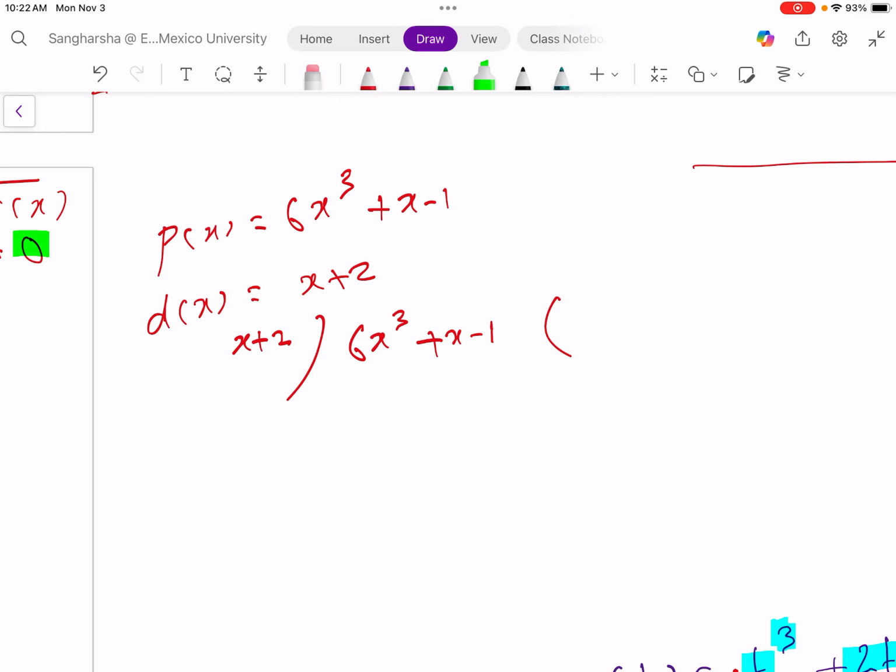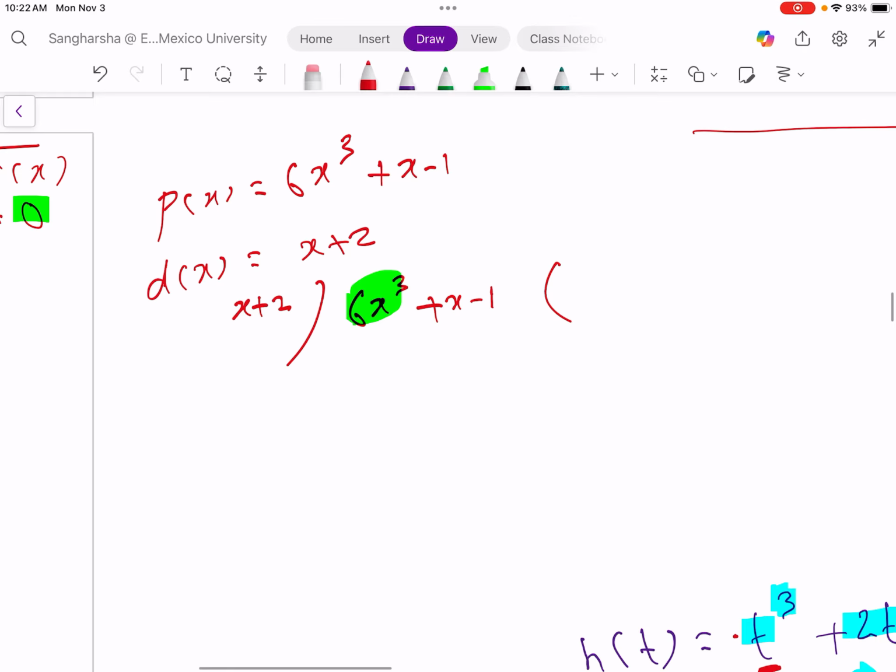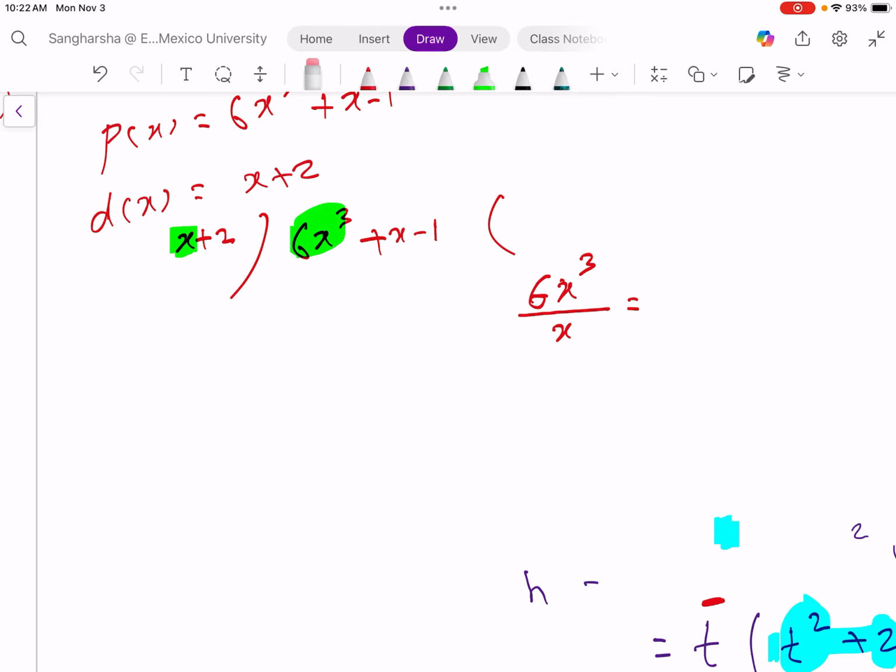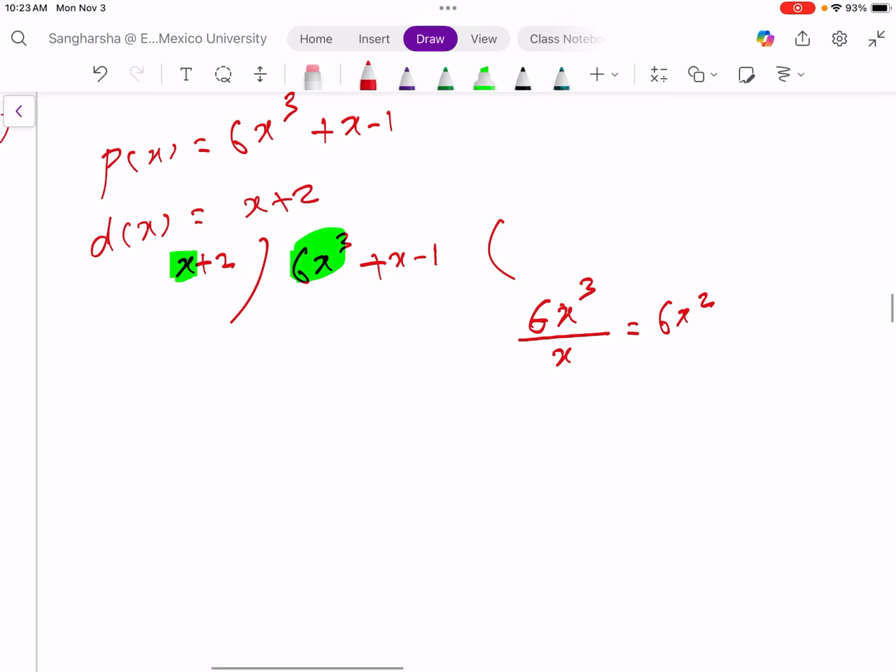You take the first term of the polynomial, 6x cubed, and we divide this first term by the first term of the divisor. So we are dividing 6x cubed by x. What is 6x cubed divided by x? That is 6x squared, right? And this is our first term of the quotient. We write down here 6x squared.